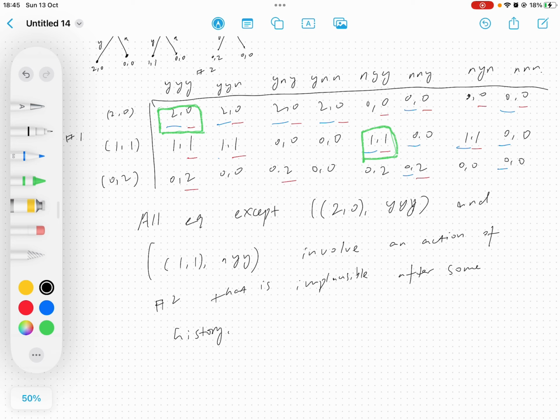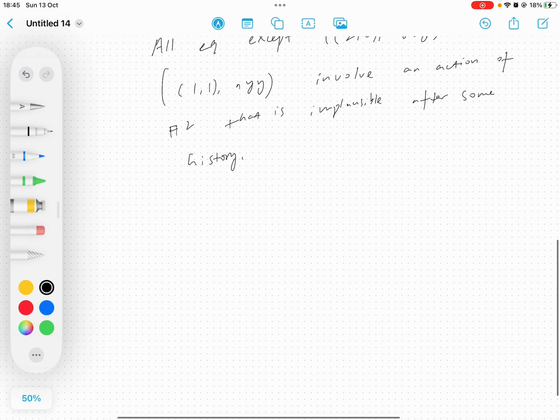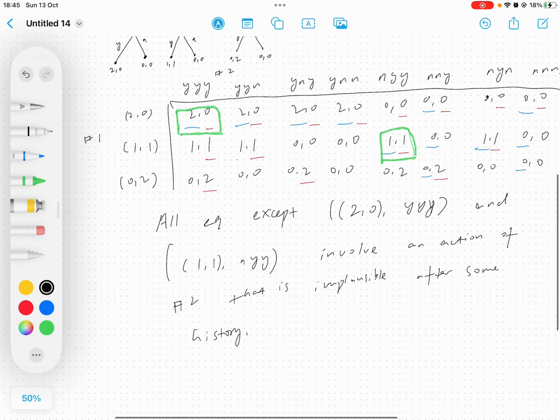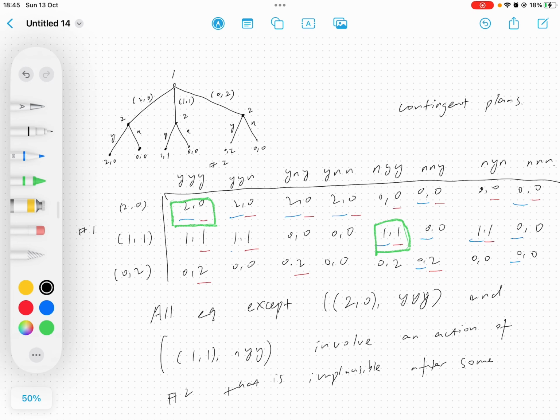So those two green ones are some, this is called refinement of Nash equilibrium. So this would be a new solution concept that we're going to introduce now, which is called subgame perfect equilibrium. Okay, so the reason why it's called subgame perfect is that it has more requirements than Nash.